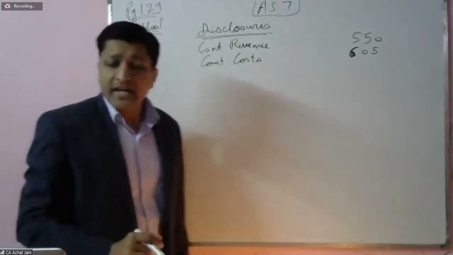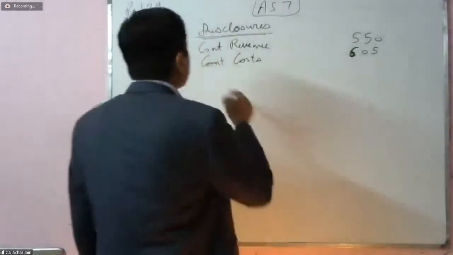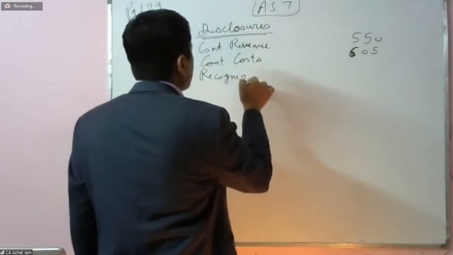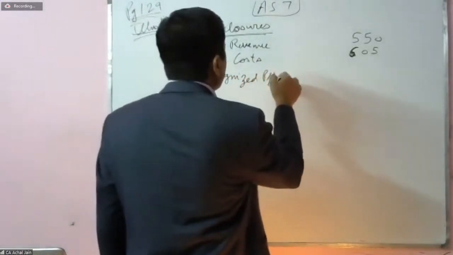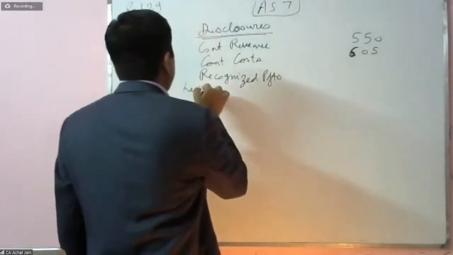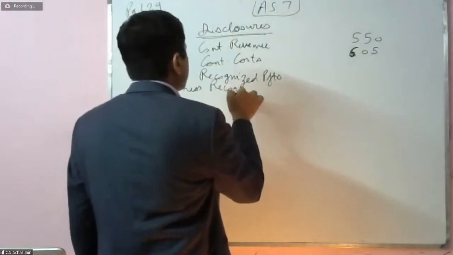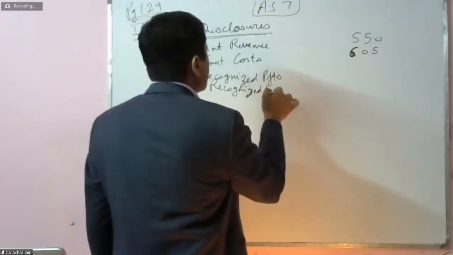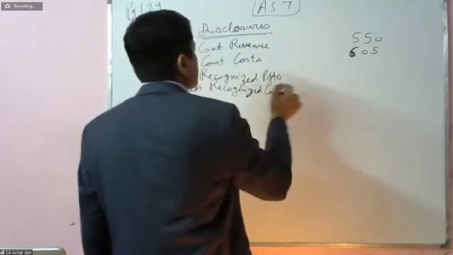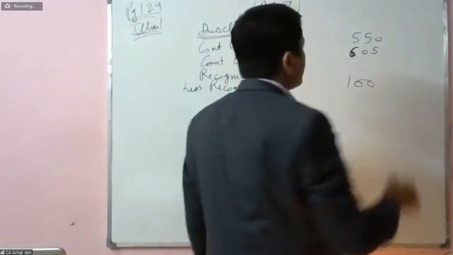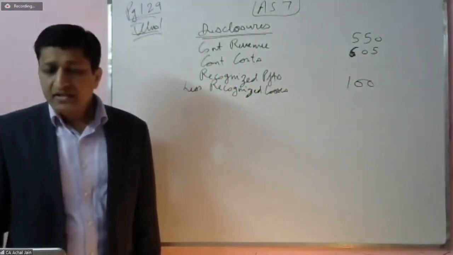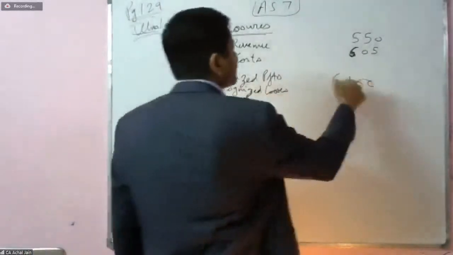Third is the recognized profits less recognized losses. So this is 100. Next is the progress billings.